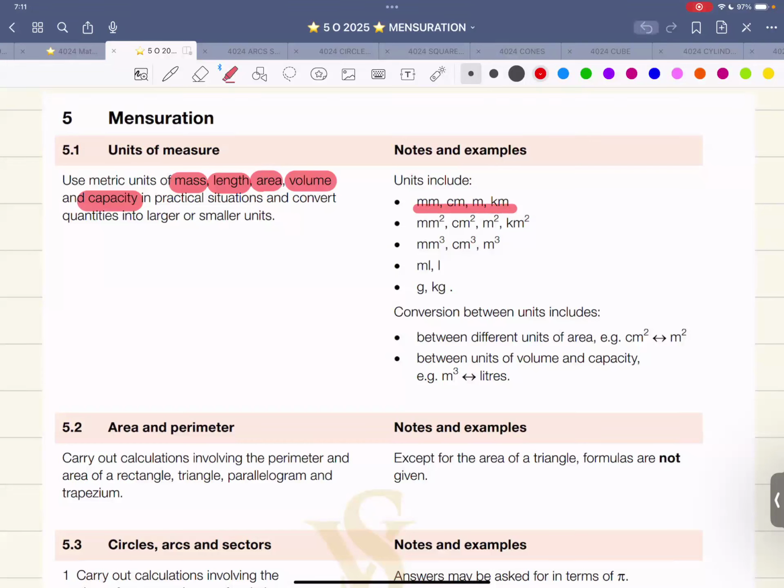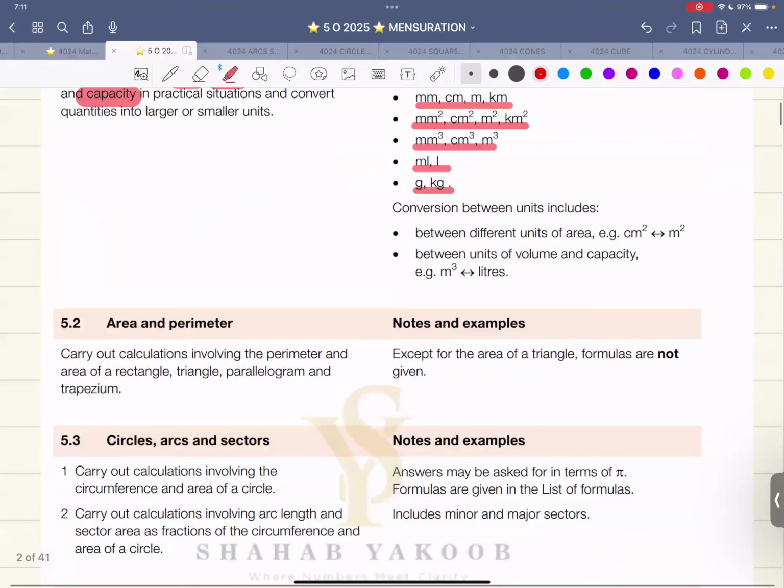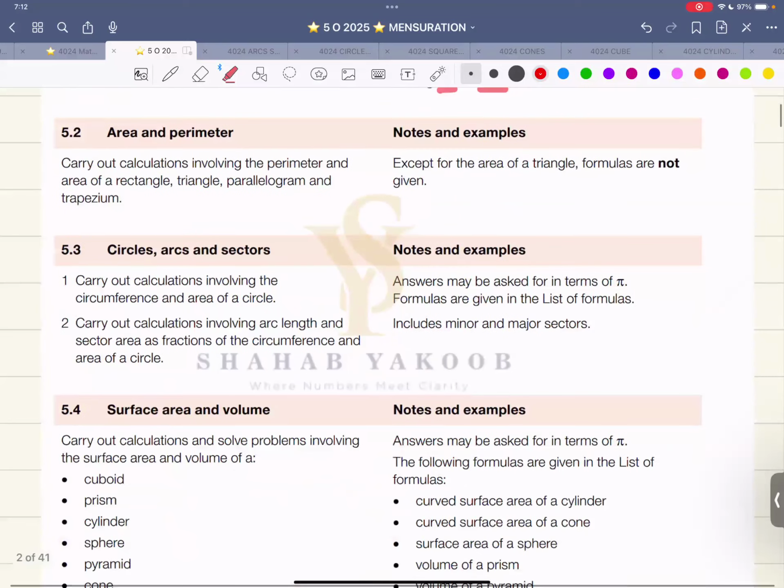Millimeters, centimeters, meters, kilometers, millimeter square, centimeter square, meter square, kilometer square, millimeter cube, centimeter cube, meter cube. There is no kilometer cube. Milliliter and liter, gram and kg. Conversion between units includes centimeter square to meter square and vice versa, meter cube to liters and vice versa. So that's the first thing.